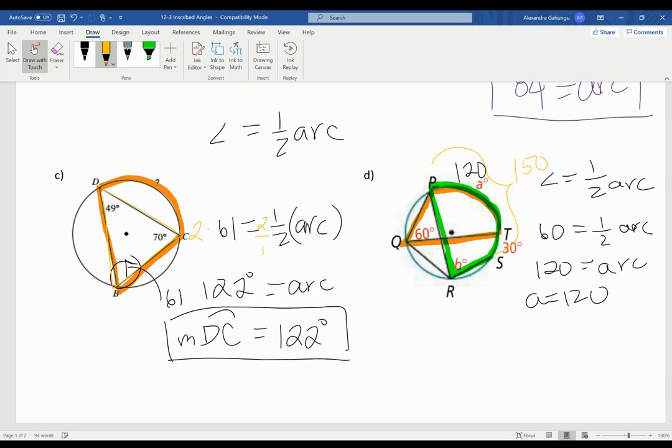And again, the angle is always half the arc. So the arc is 150. So I need half the arc, half of 150, to give me angle B, or the measure of angle R, which is B. And I get 75 degrees. So we've got A and we've got B.